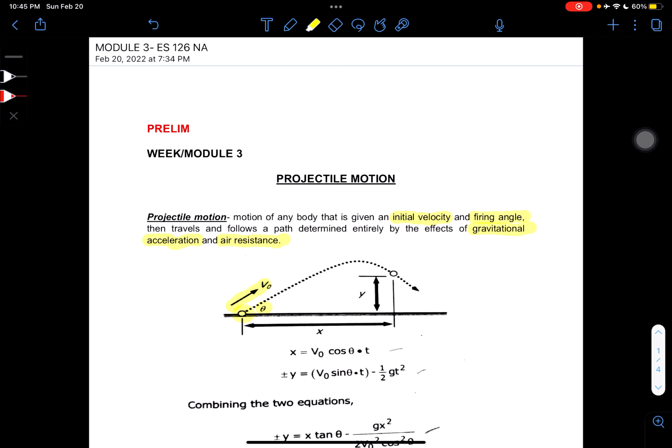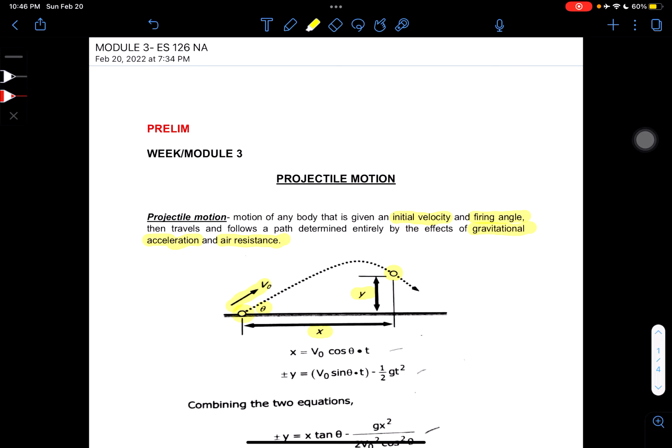In its travel, there is a distance from our object to the ground, which is our y. And we have also the travel or the distance, which is x in our diagram.